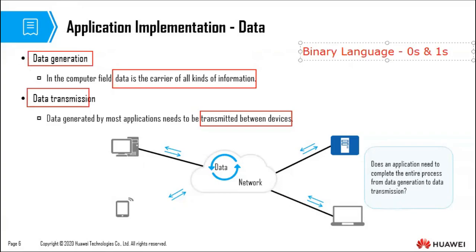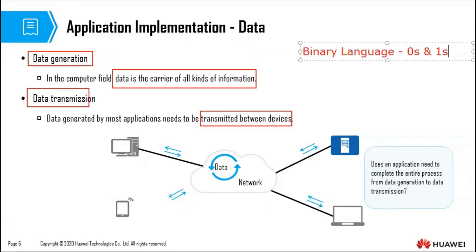A computer is an electronic device that is made up of integrated circuits. These integrated circuits are what make up the processor. So the processor will keep on switching these circuits on and off to shift between 0 and 1.